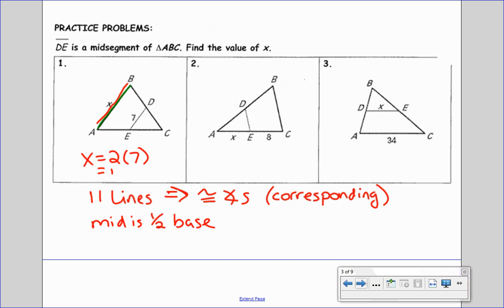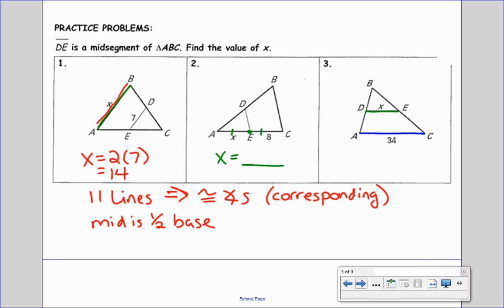Now, we have the fact that DE is a midsegment. That means that it goes through the midpoint here. So what is x? We have the fact that AC is 34.